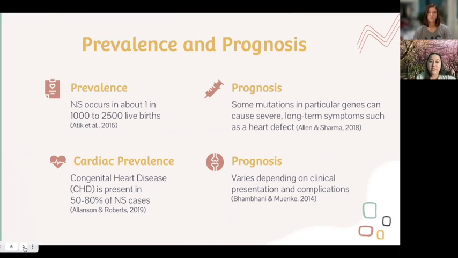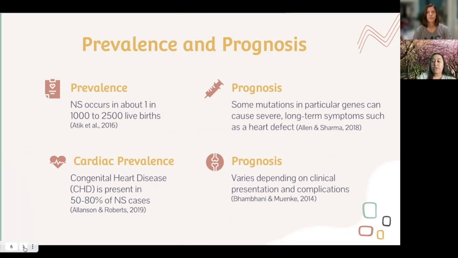When we look at the prevalence and prognosis, Noonan syndrome occurs in about 1 in 1,000 to 2,500 live births. However, this number can change mainly because some individuals with a milder case of Noonan syndrome often aren't actually diagnosed with the condition, so those are often left unaccounted for.